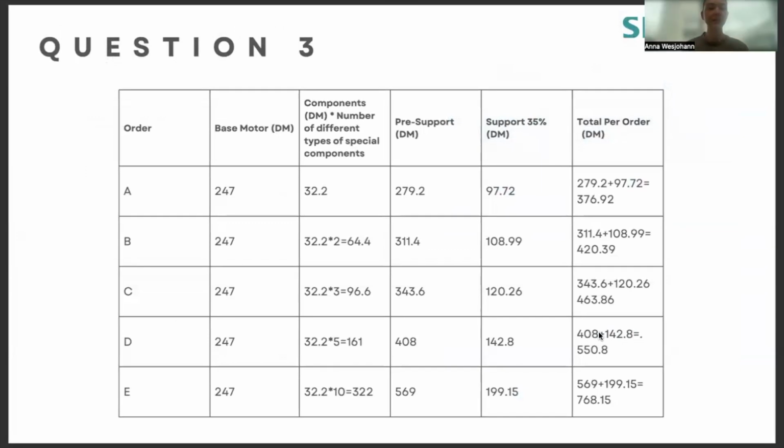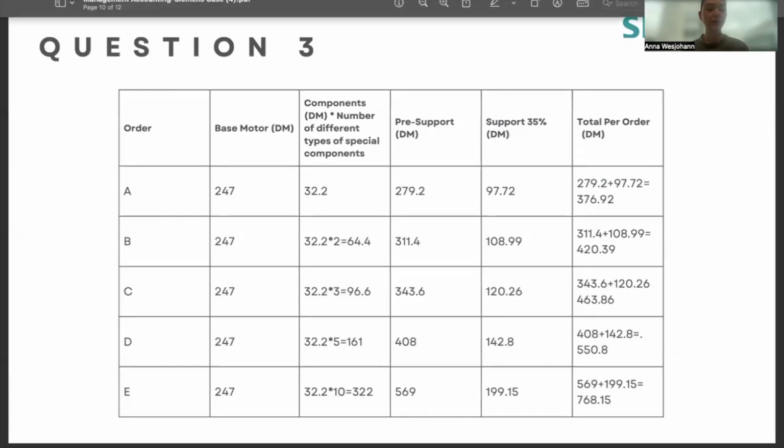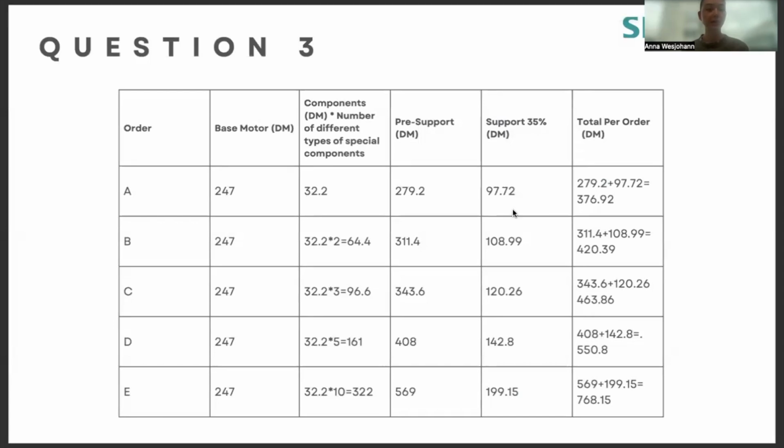Yes, as explained earlier, you can see it in this table. So we have the base motor cost, which remains at 247 for all orders. Then we have the components cost, which is 32.2 multiplied by the number of different special components. This adds up to the pre-support costs.